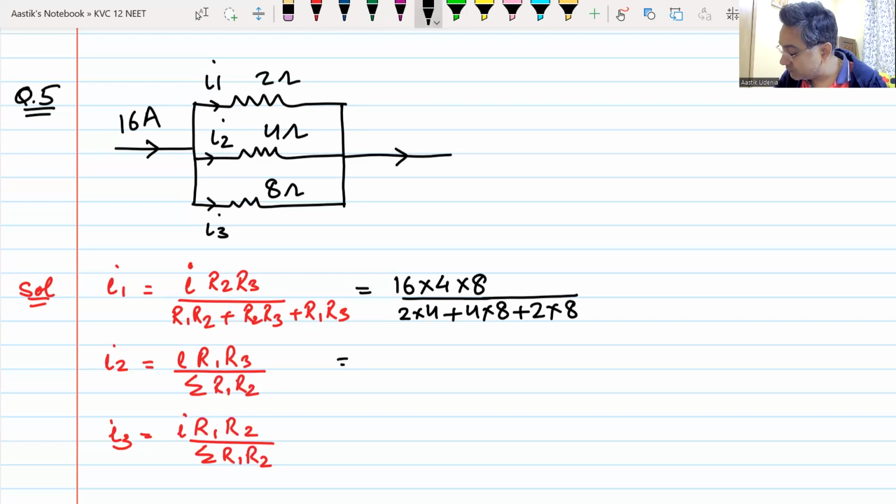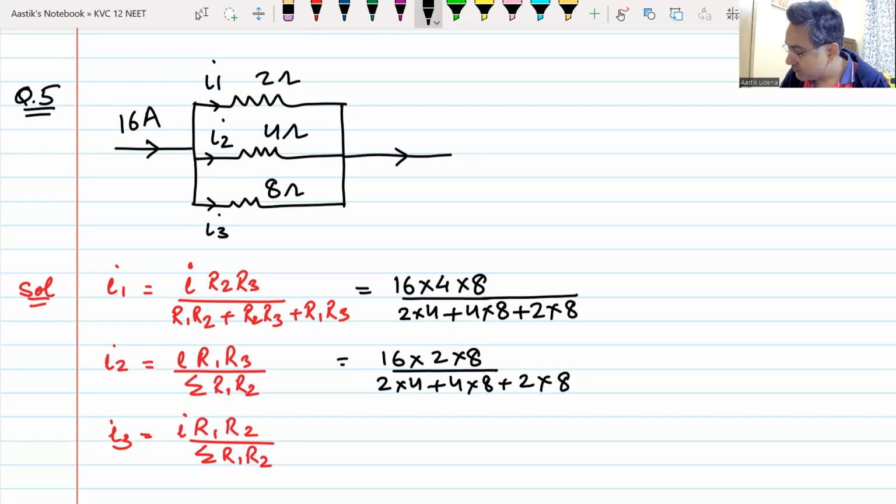So this will become 16 into 2 into 8 divided by 2 into 4 plus 4 into 8 plus 2 into 8. Similarly, this will become 16 into 2 into 4 divided by 2 into 4 plus 4 into 8 plus 2 into 8. Do we all understand this, everyone?